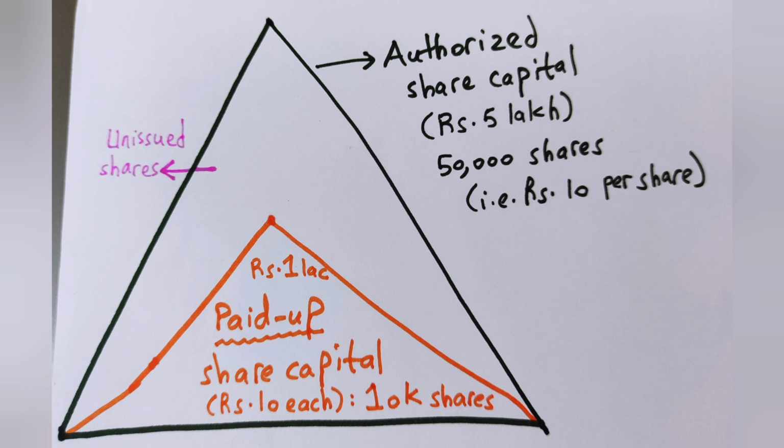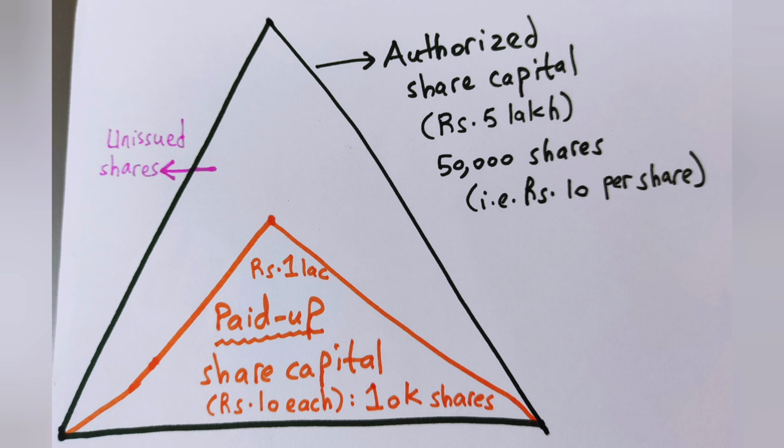The company, that is the artificial legal person that we have talked about in another video. Okay, so once you transfer that 1 lakh rupees into the company's bank account, you get shares issued to yourselves worth up to how much? 1 lakh rupees.